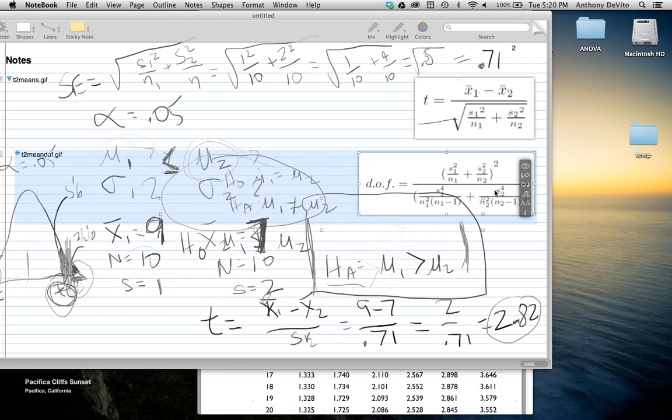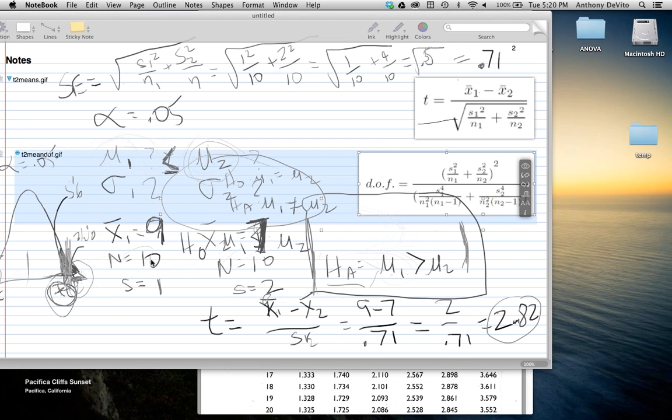This is a pretty difficult formula for us to work out on the fly. So instead of attempting to calculate this formula, I'm going to take a conservative approach. I'm going to say the degrees of freedom is equal to the sample size for the smaller sample. In this case, they're both the same size, so they're both 10.